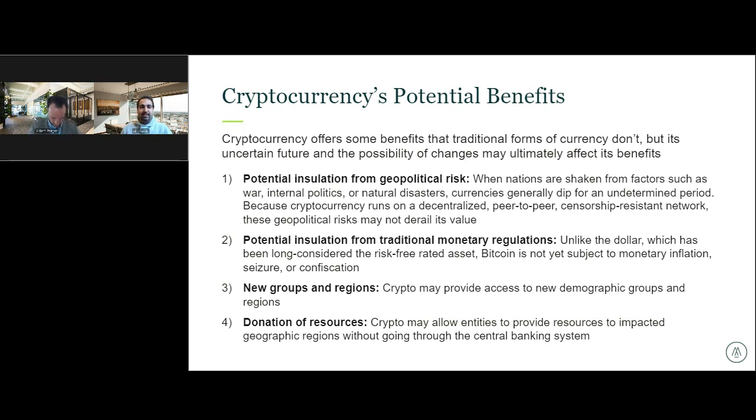It's insulated from traditional monetary regulation. So, for example, we've seen in Venezuela with the high inflation there, more and more individuals are transacting in cryptocurrency, specifically in Bitcoin, to mitigate some of the inflation issues. And we've seen that in other parts of the world.